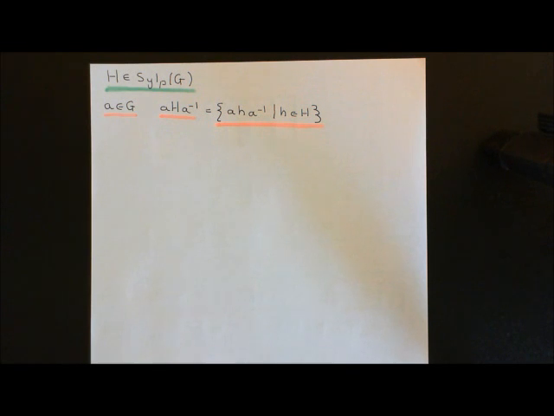But if you're working in a non-abelian group, you can potentially find some other conjugates of this Sylow P subgroup, and those will also be Sylow P subgroups. So that's a way of building more Sylow P subgroups once you've got one.